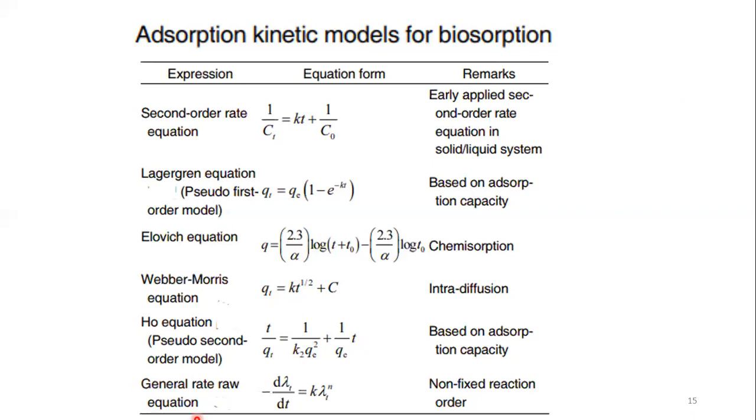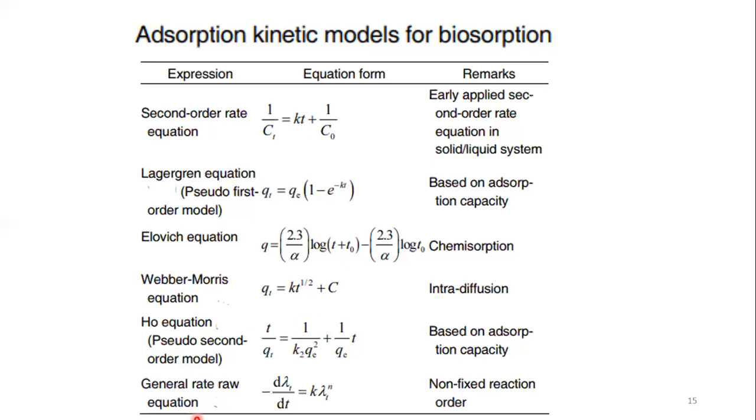Okay, if you want to apply the equations, well and good. If you don't want to apply them, just to find out at which time the reaction reached equilibrium is also okay. There's no problem at all. It's not possible that you can use all the equations in one study, and it's also not possible that every equation must be applicable. Sometimes one equation is applicable, the second is not. Sometimes the second is applicable.